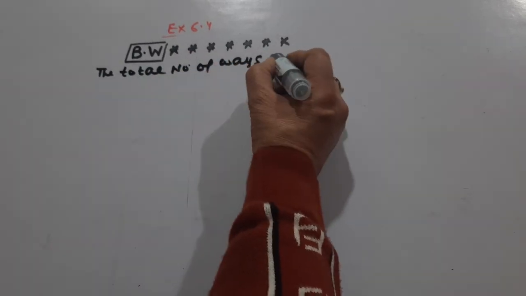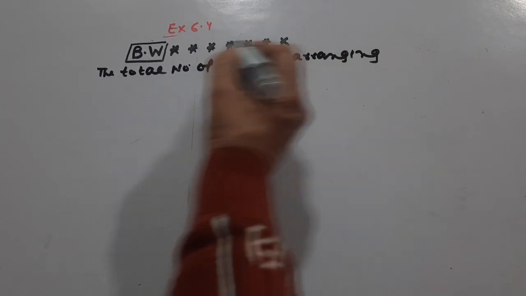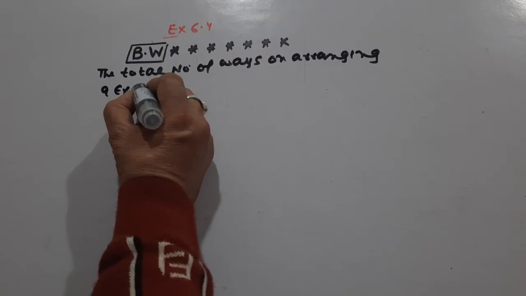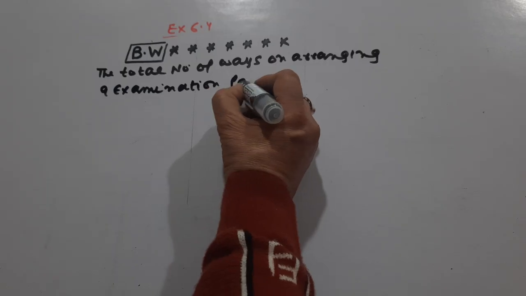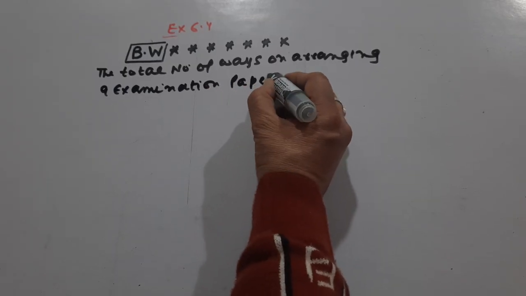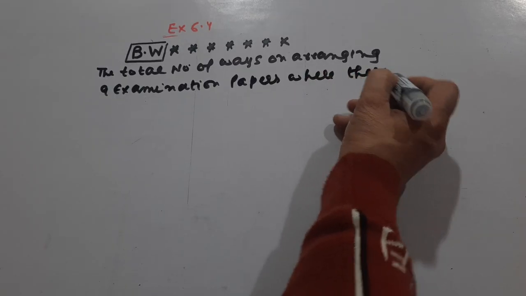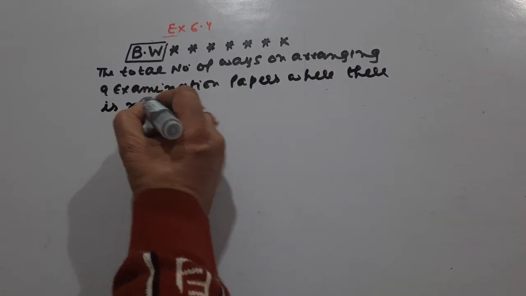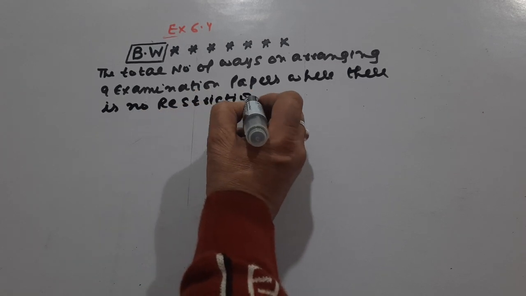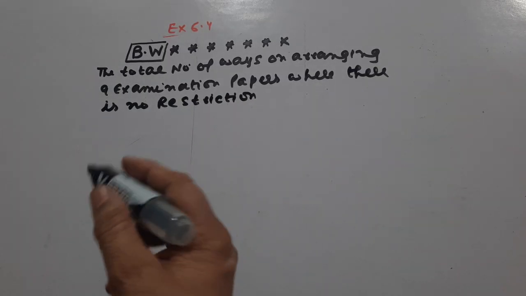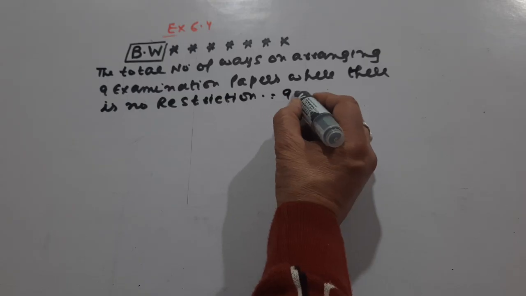Total number of ways of arranging 9 examination papers where there is no restriction. That means the best and worst may or may not come together. So when there is no restriction, this is equal to 9P9.